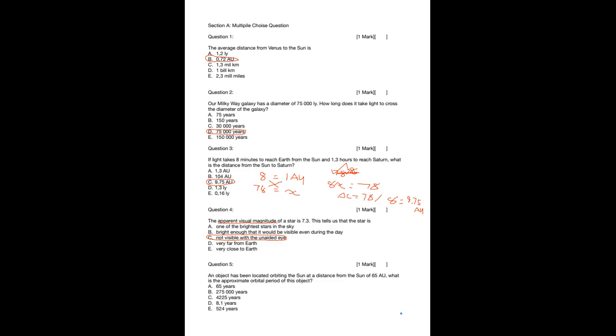So question number 5. An object has been located orbiting the Sun at a distance from the Sun of 65 AU. What is the approximate orbital period of this object? A, 65 years, B, 275,000 years, C, 4,225 years, D, 8.1 years, or E, 524 years.